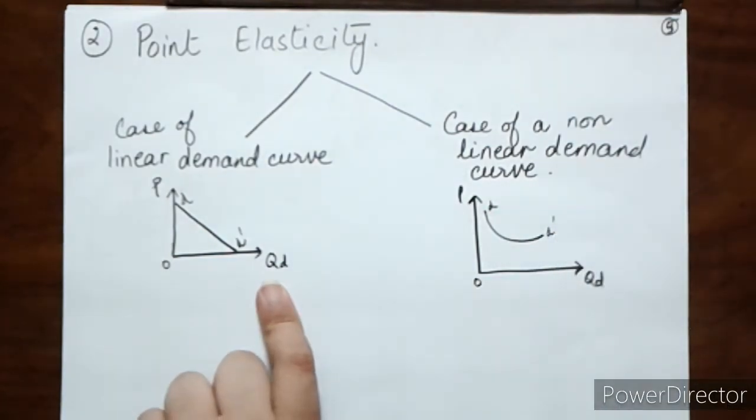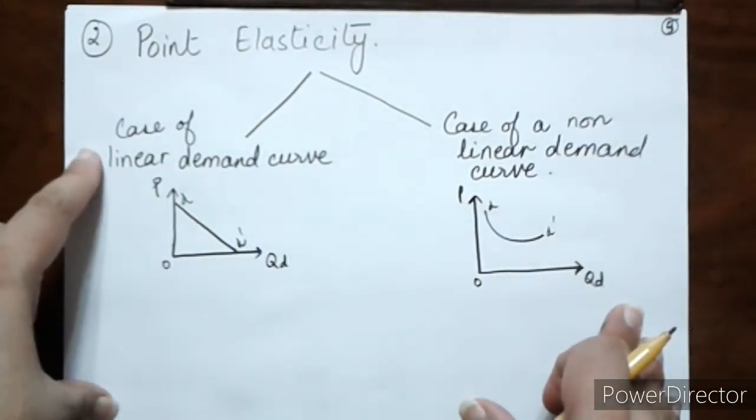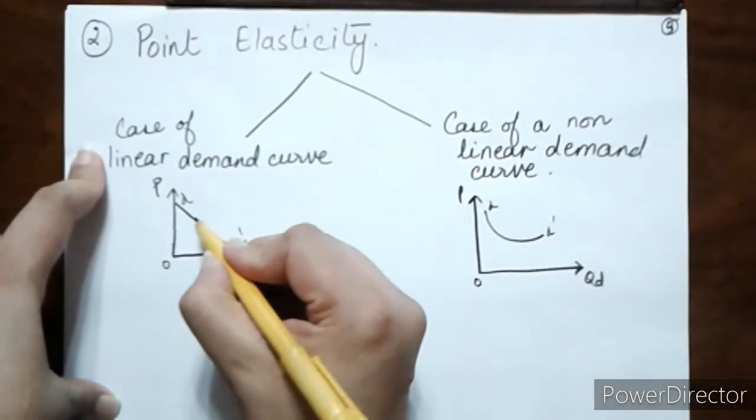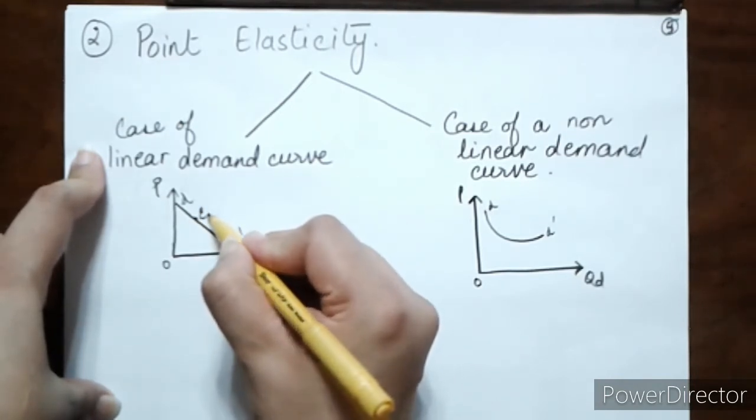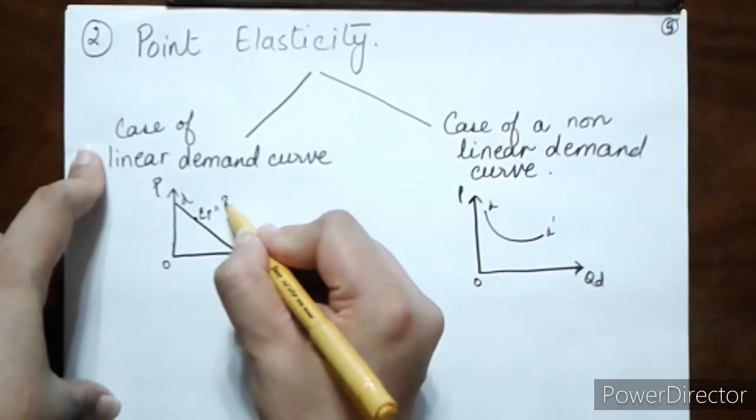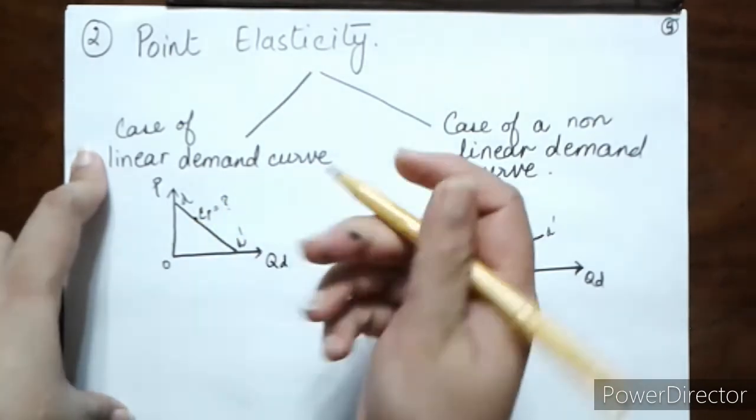Now if I am asked to find out elasticity in these two cases and I have no data whatsoever, I don't have any demand schedule, how am I going to find elasticity? Suppose I am given this point and I'm asked to find out price elasticity of demand at this very particular point. What will I do?